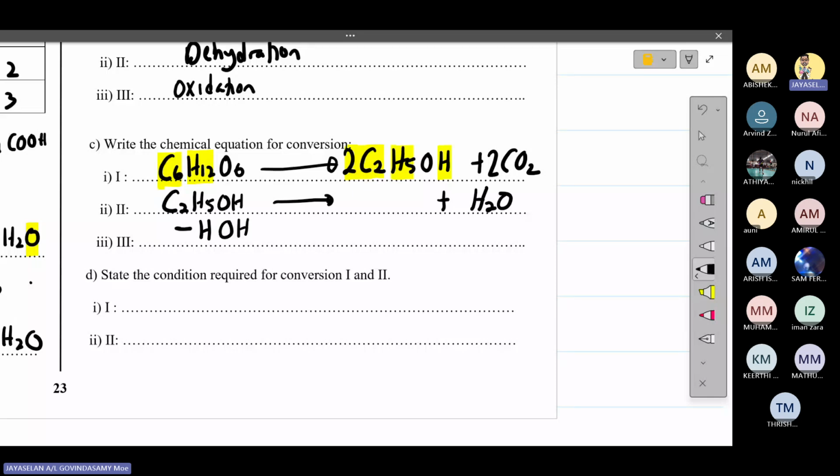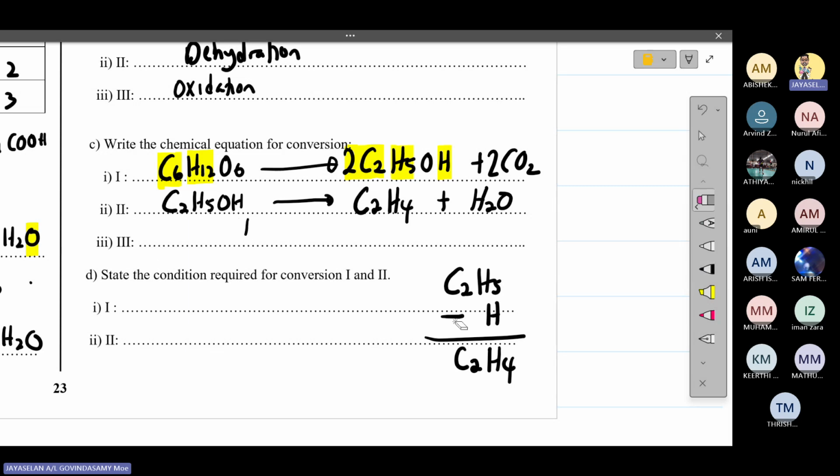Remove only, throw away. So how do we remove? C2H5OH, you remove HOH, right? This cancels, this is removed. So erase. So here you do what? C2H5 minus 1 will be 4. So you put here C2H4, ethene gas. Erase all this. So you already score 2 marks. Any question? No question.